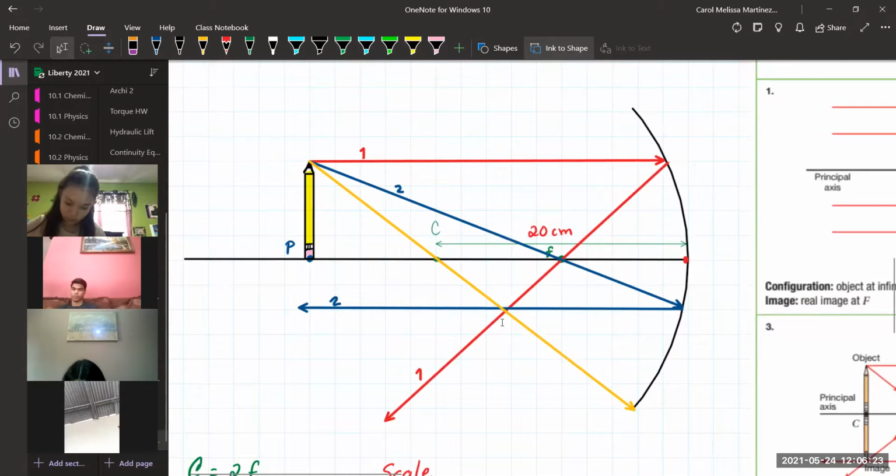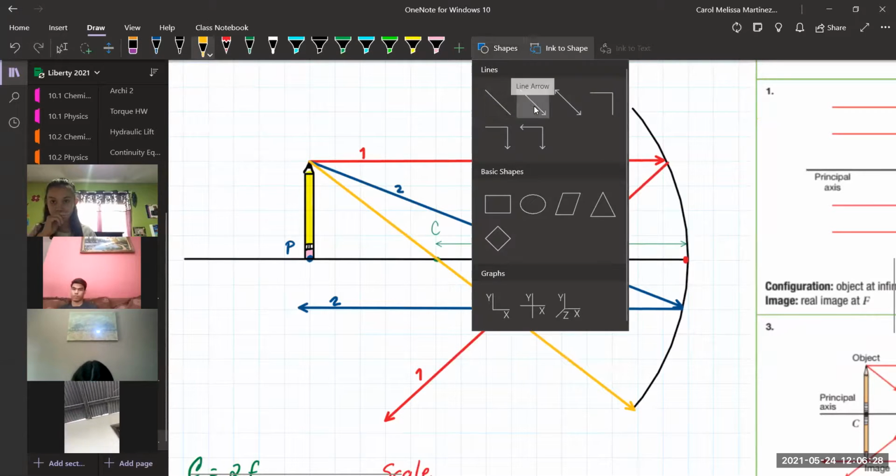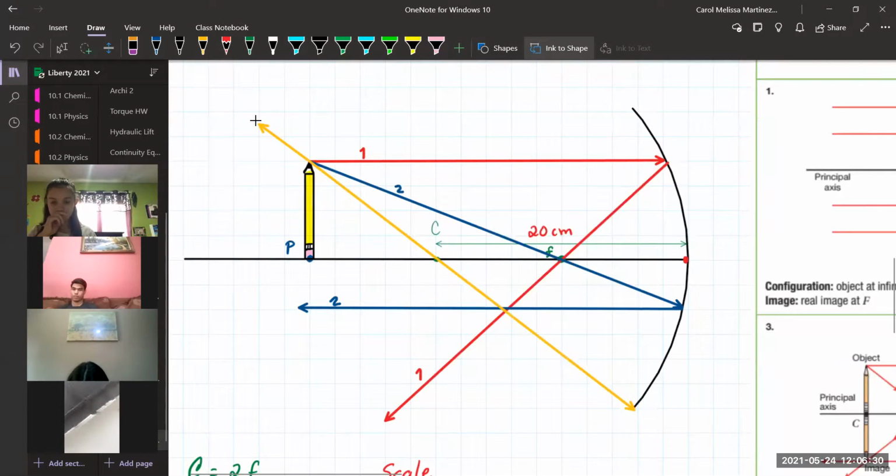Now take a look. And then as I told you, it comes back in the same direction. That one doesn't really matter, so I'm gonna leave it there. This is my third ray. Okay? Now take a look.